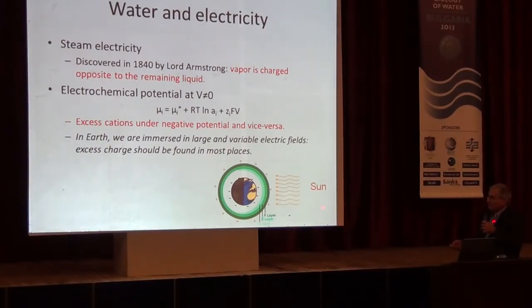And since on Earth we are immersed in a very powerful electrostatic field due to the condenser formed by the ionosphere and the Earth's surface, then almost everything on Earth's surface should show some excess charge.